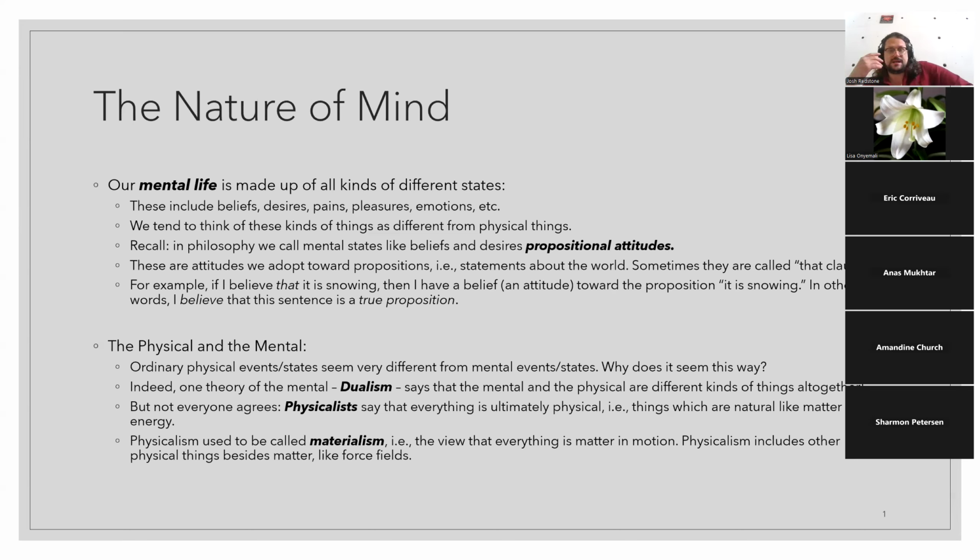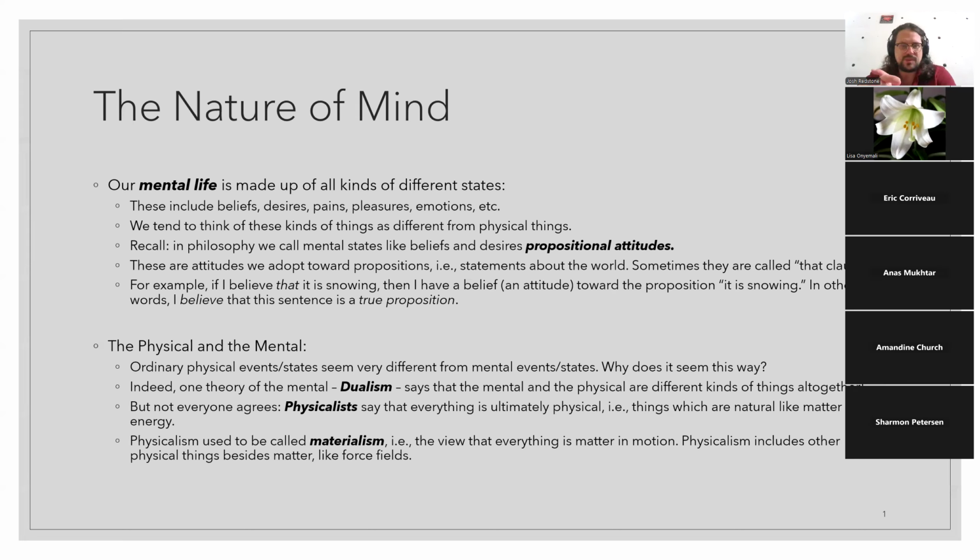And the same goes for desires, right? I desire that it stops snowing, for example, or I desire that I go build a snowman, right? I fear that the snow will never end, right? All of these sentences express these attitudes, or are the sentences towards which I express these attitudes.